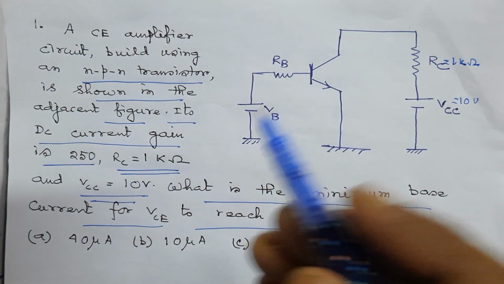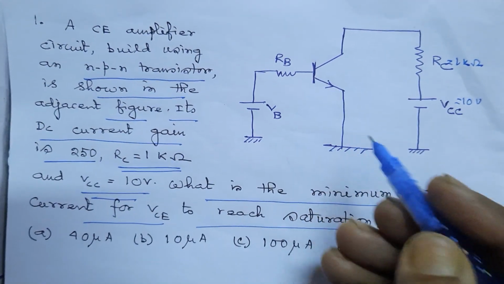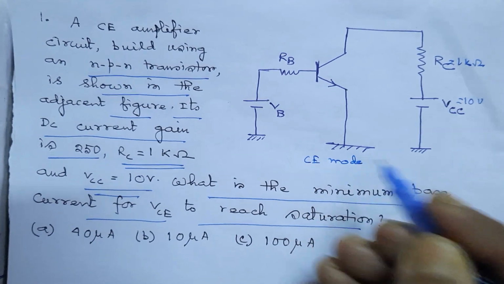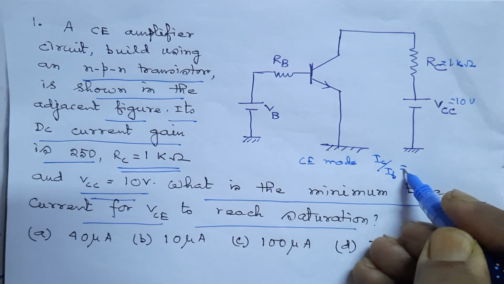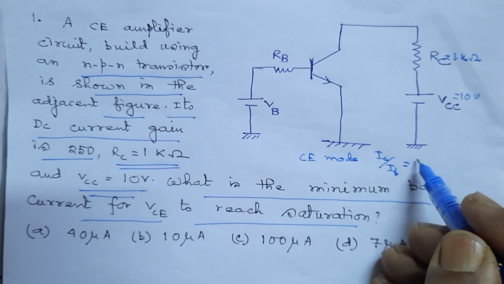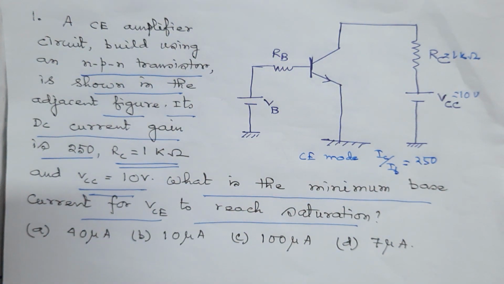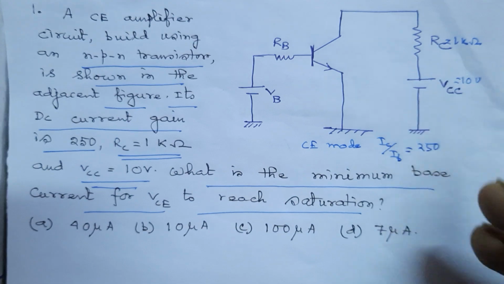All you know that the transistor is operating in the CE mode, so the current gain is given by IC by IB. DC current gain equals IC by IB equals 250. It is given. Now, what is IC here?